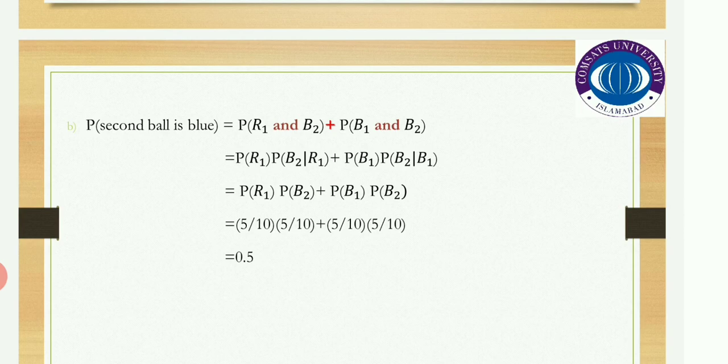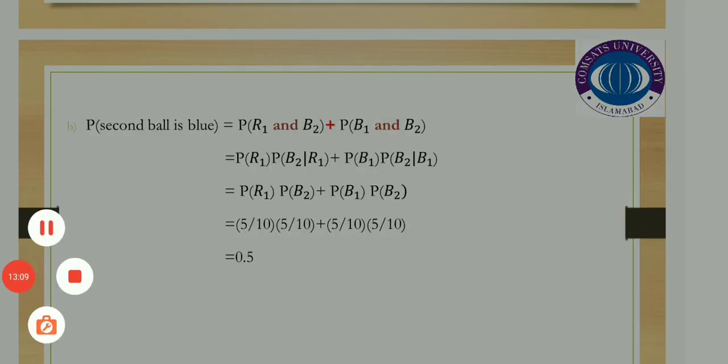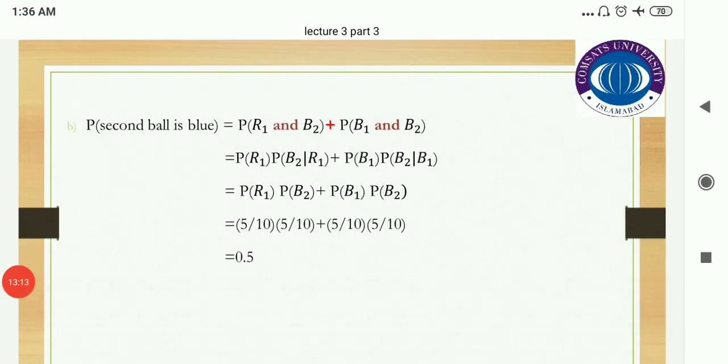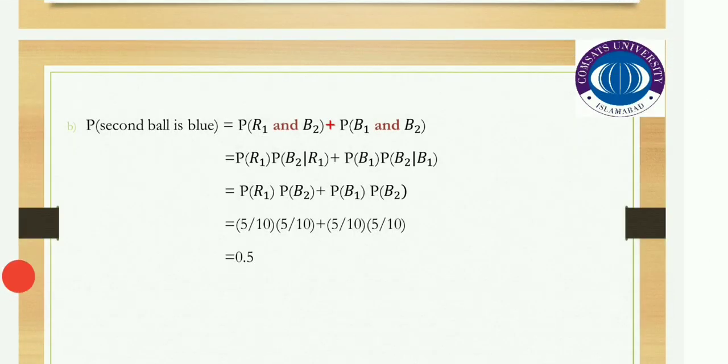So what will we get? By applying the multiplicative law for independent events, it would be equal to probability of R1 into probability of B2 plus probability of B1 into probability of B2. By finding the probabilities, we will get the probability 0.5.